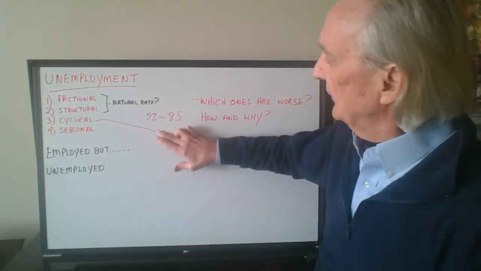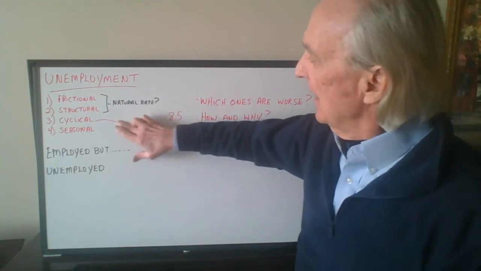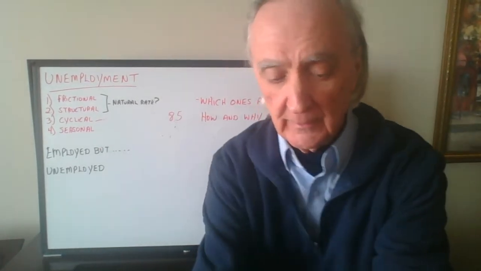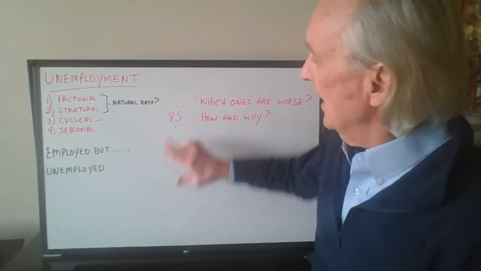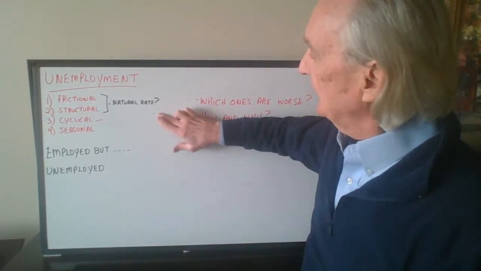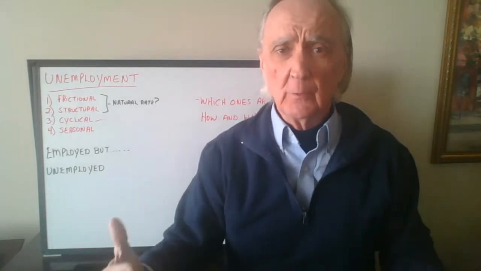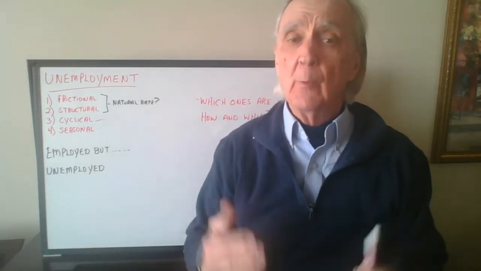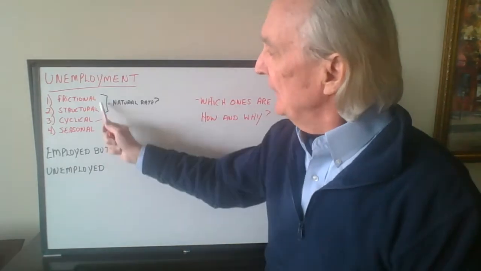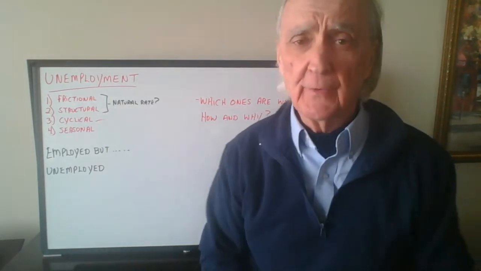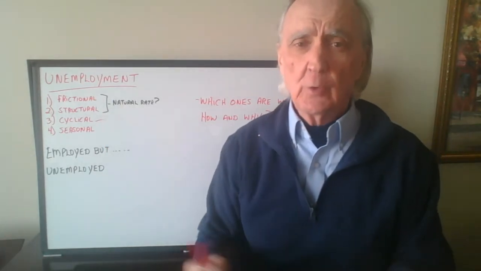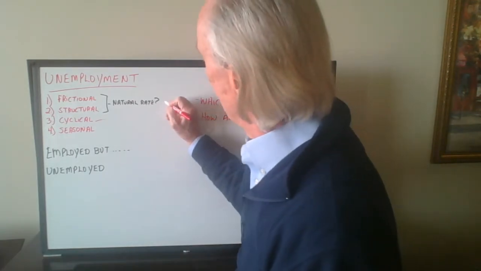So for instance, the latest figures have been very good on unemployment, but let's say the economy is healthy, everything's going well, but we still will have these two types of unemployment with us, and let's say that totals out to about 4%, okay?